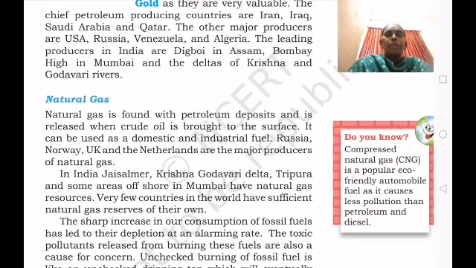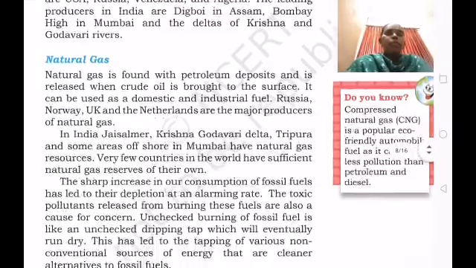Compared to petroleum and diesel, CNG is very useful, with no pollution. Natural gas is found with petroleum deposits and is released when crude oil is brought to the surface.